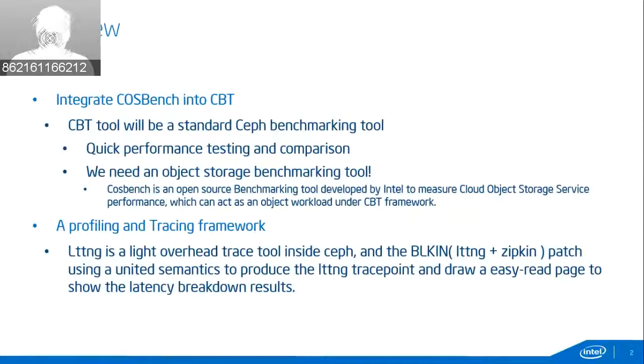So we are thinking that if we already have a tracing framework like LTTng or Perf Trace, or something like a general tracing framework in Ceph, in this way we can simply leverage that framework to do detailed latency breakdown. It will help the developer to understand the performance bottlenecks better.